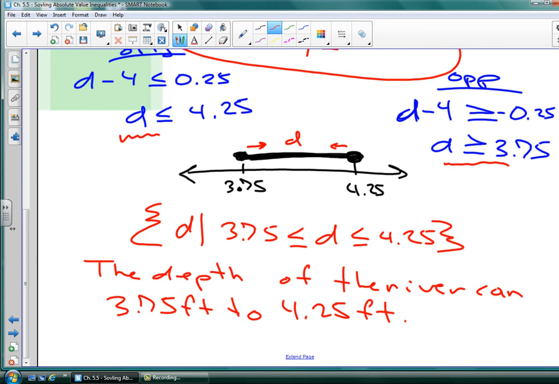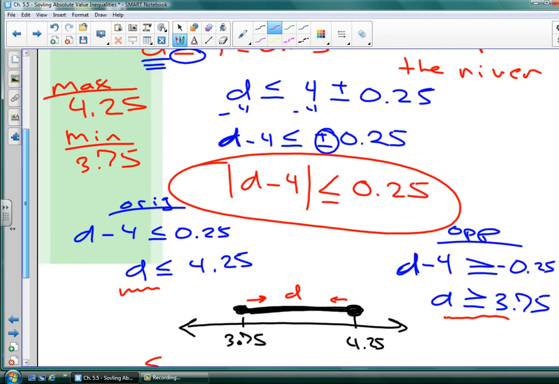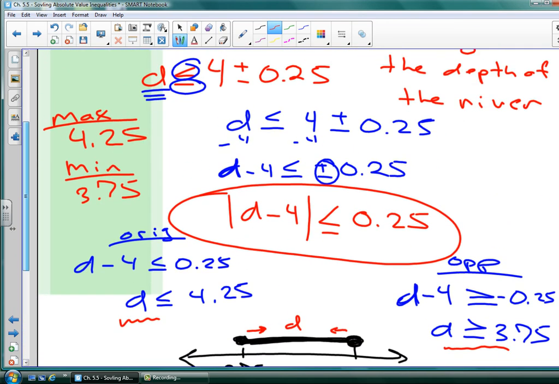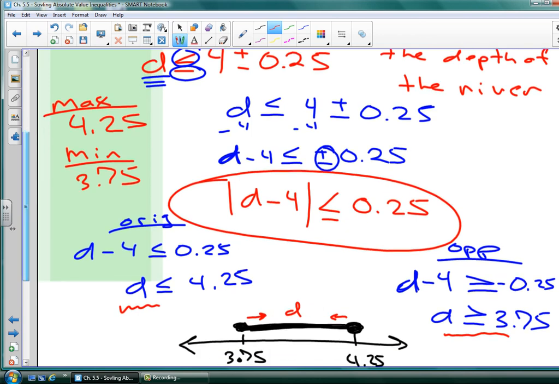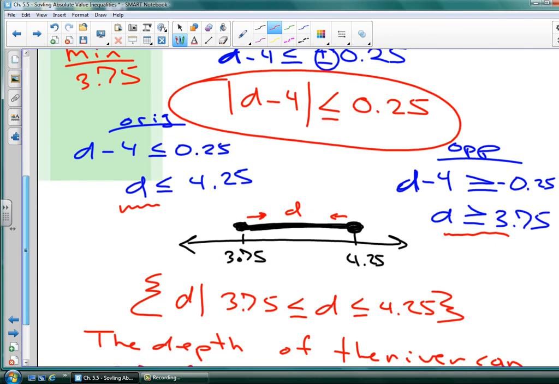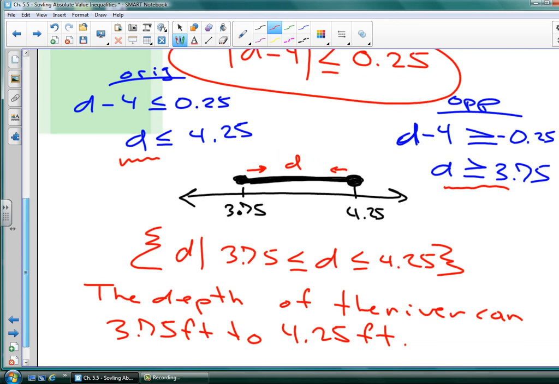I've written out exactly what we're talking about. I've defined what the variable means in my let statement. I showed what the max and the min could be. I talked about what my inequality looks like, and I used my inequality to solve within set builder notation and in words.